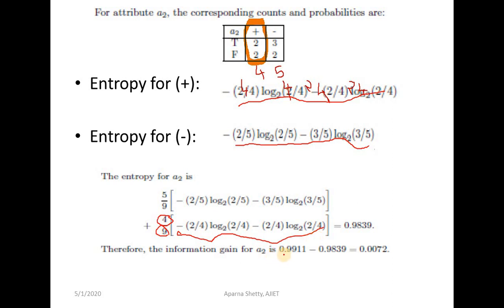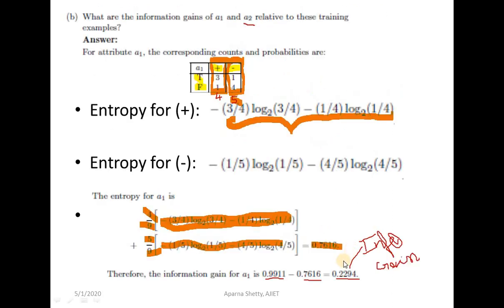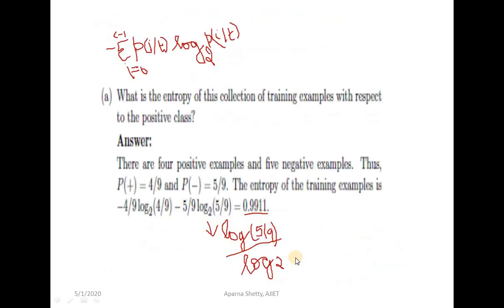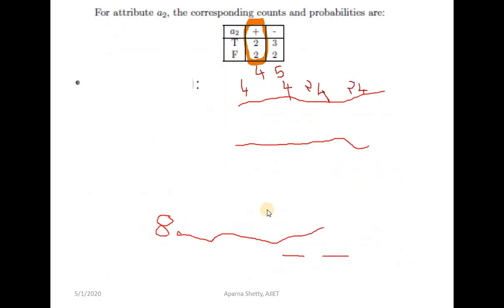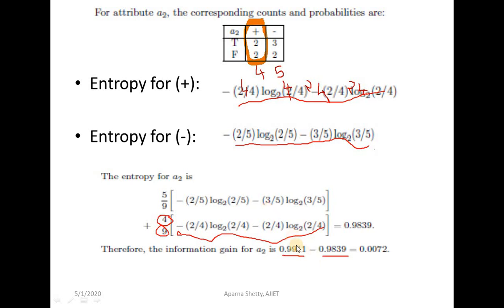Information gain for A2 is the overall entropy of the parent minus the entropy for A2. What is the overall entropy of the parent node? It is 0.9911, right? So 0.9911 minus the entropy of this A2 node, 0.9839.